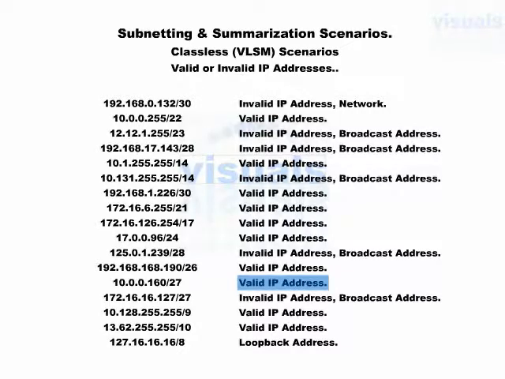Next example: invalid IP address, broadcast address, let me see, 172.16.16.127. Okay, let's analyze. /27 is telling me that it belongs to class C subnetting, 25, 26, 27. It is 3 bits, 128, 192, 224, with the difference of 32.